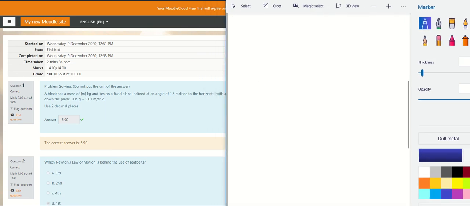The solution here is that there is an inclined plane, and the angle is 2.6 radians. On your calculator, set it to rad right away.